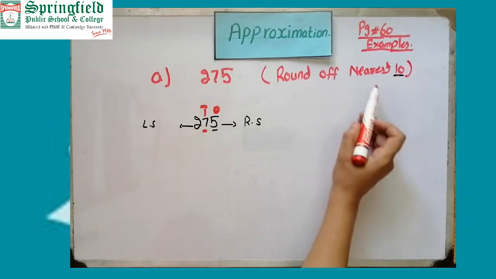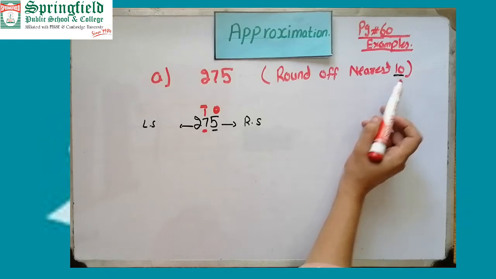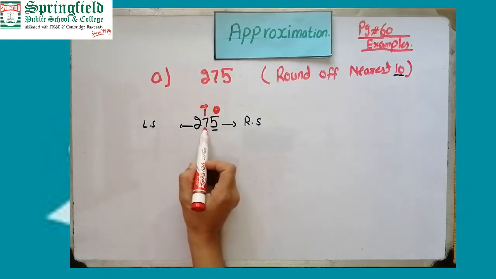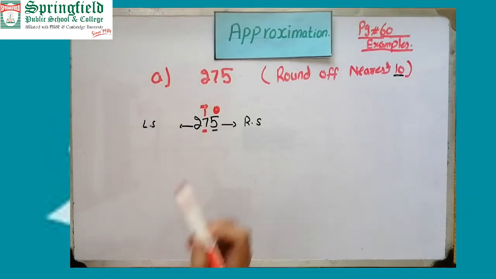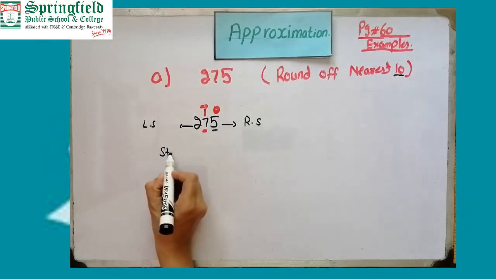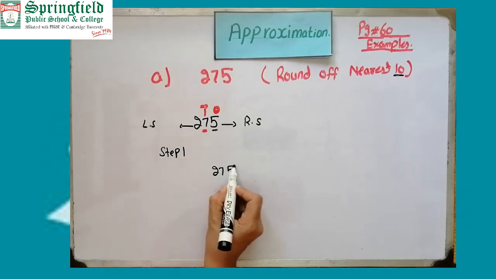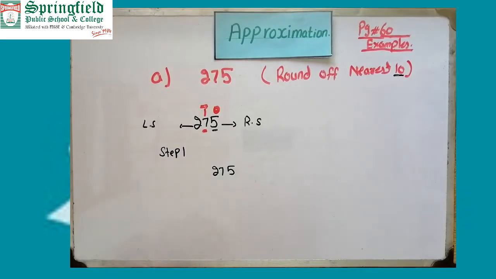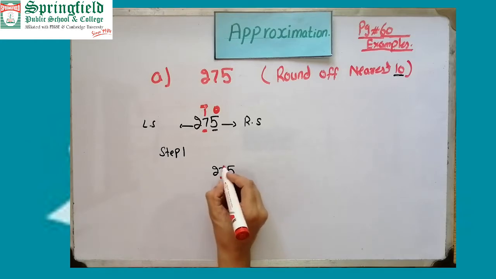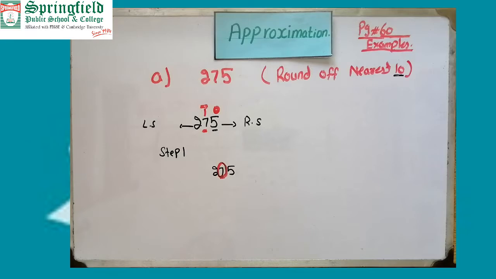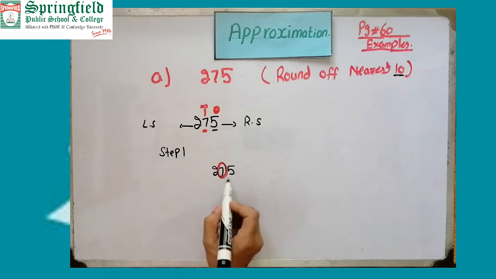They say round off to the nearest 10, so in step 1, we will circle the digit that is at the place of 10. 7 is at the place of 10, so that is the digit we round.